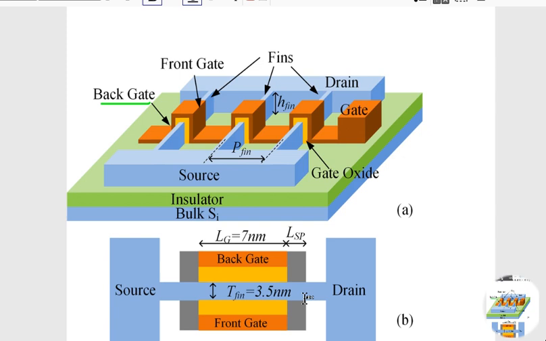This is your source, this is your drain, these are your fins. Here you have your back gate and this is your front gate. This is LG, the 7 nanometer gate length. So this is the basic structure of fins.